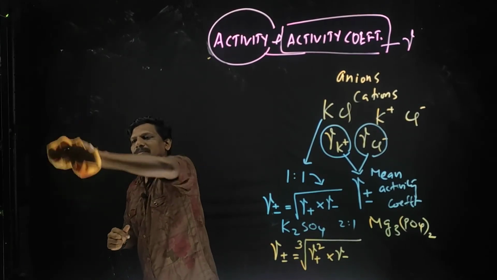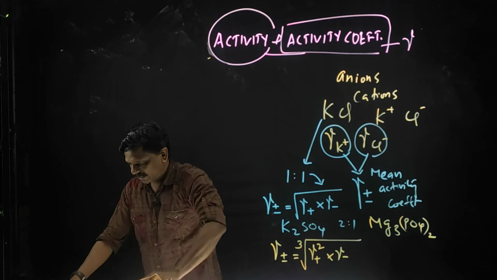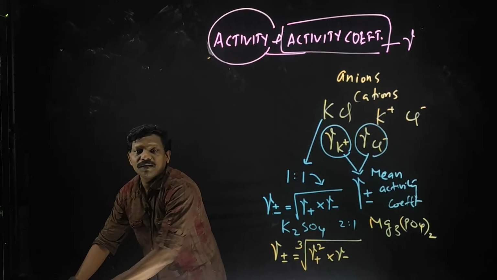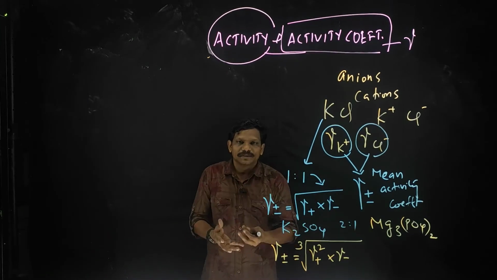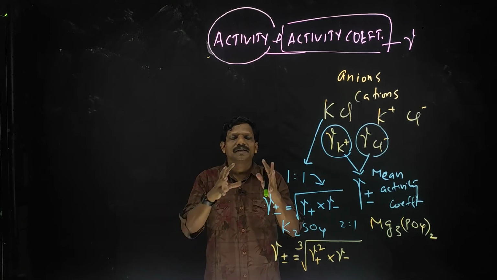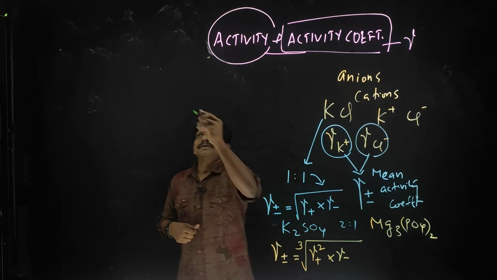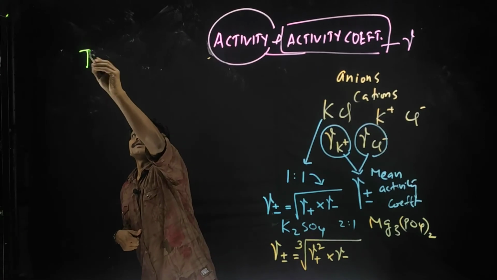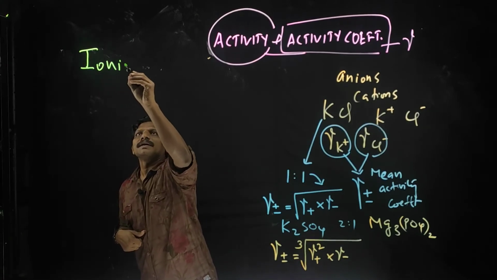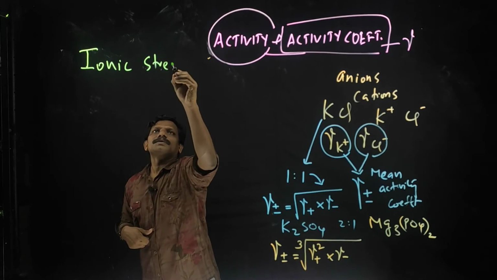So we need a term which effectively connects all these things, that means the number of ions and the charge of the ion. That important term is known as the ionic strength.